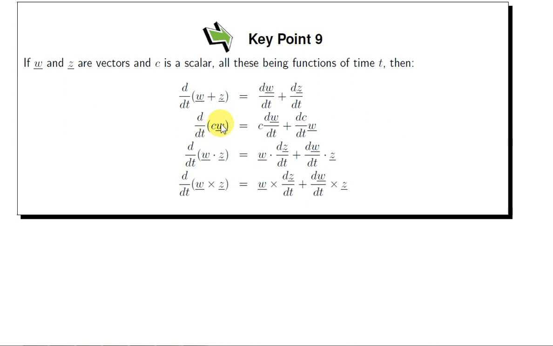So if we use the rule for differentiating from first principles, we get cw at t, then c times w at a later time, which would be t plus delta t, and run through the first principles derivation, you will get this result here, which is what you'd expect for the product rule of 2 functions, except that in this case one of the functions is a scalar function and the other one, w, is a vector function.